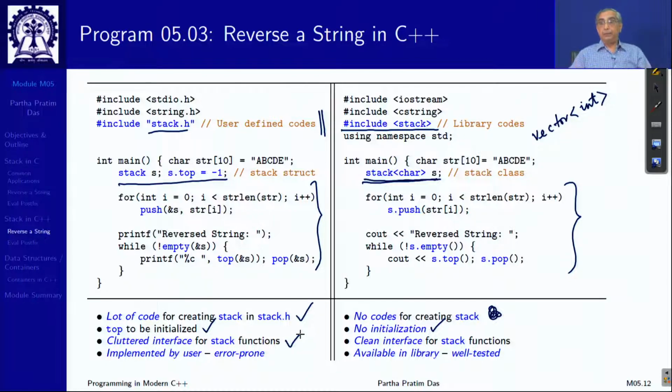You are just calling them as functions of that particular stack object. It is a clean interface, and here you have to write it for every type, you have to write separately, test it. It is not only laborious, but it is error prone. Here there is just only one code which is well tested, and rest of it the automatic generator is doing. So, it is available in the library, very less amount of work, right. So, that is the advantage of having data structures as a part of your library, which C++ strongly provides. Okay.